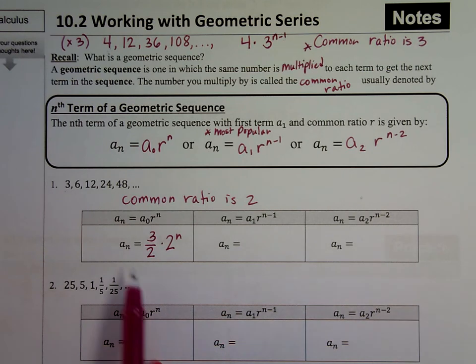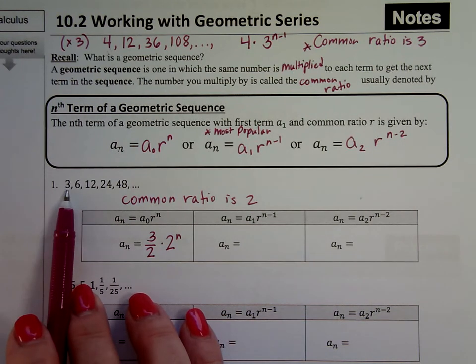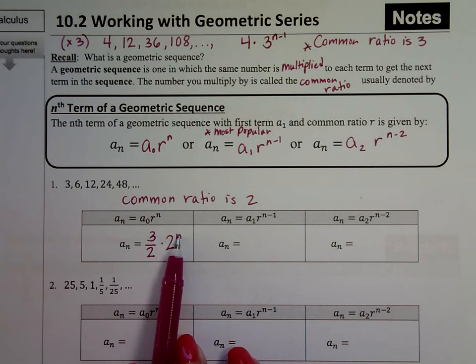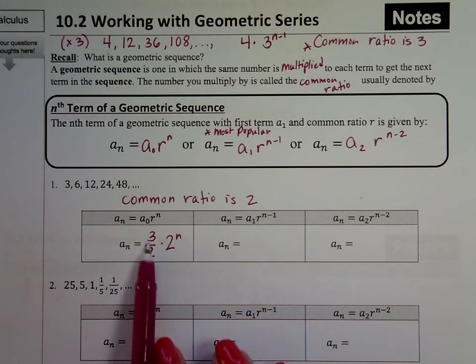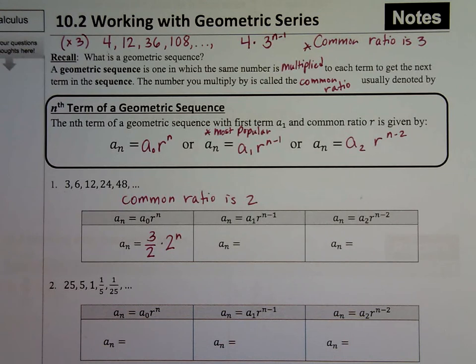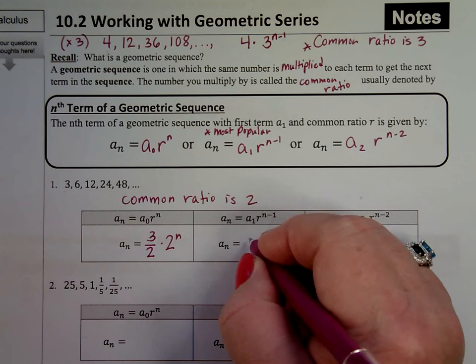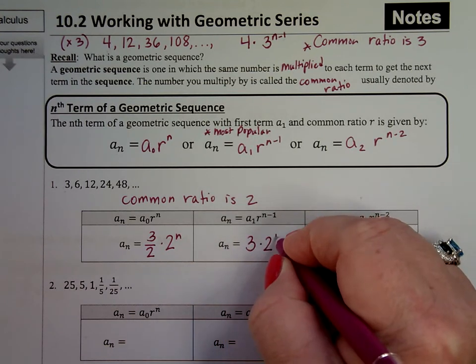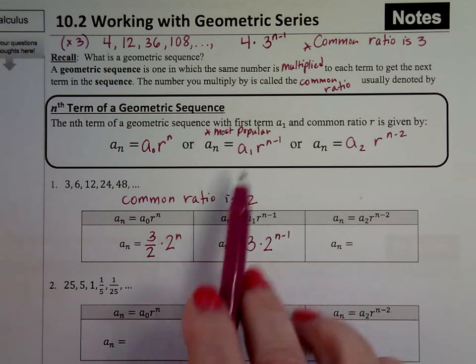I'll show you what it is and then we'll talk about why. Let's think about this. If n is 1, my first term is 3. 2 to the first is 2, which cancels with the 2 down here, gives me the 3 that I want. It seems a little odd because you're going backwards, but that's my first term. The next one would be 3 times 2, my common ratio, to the n minus 1 power, just like it is up here.